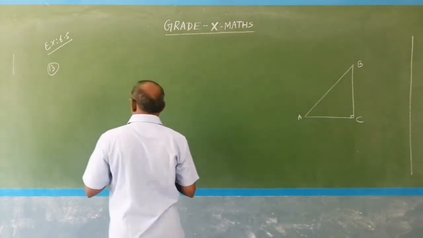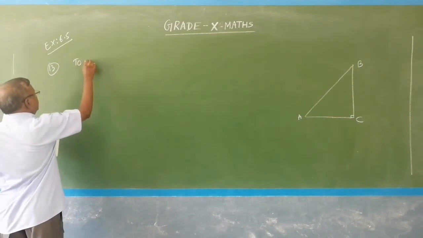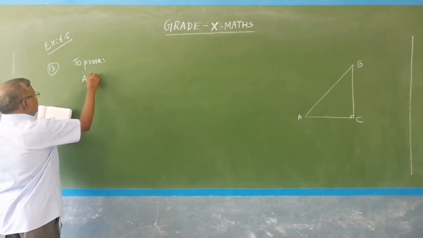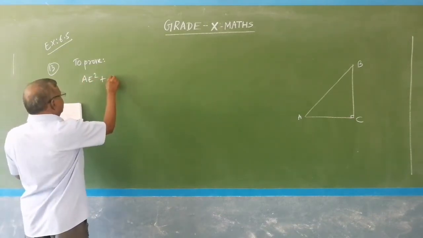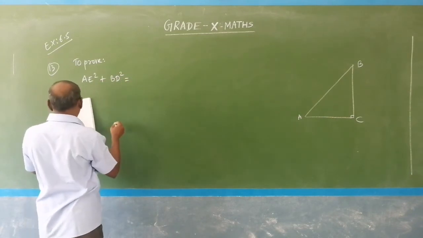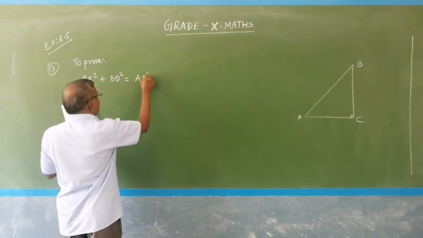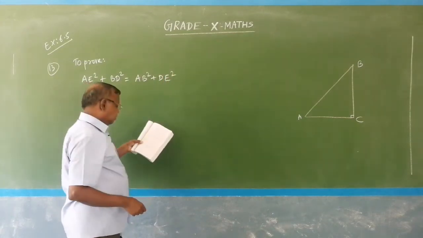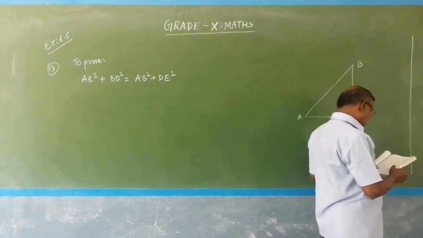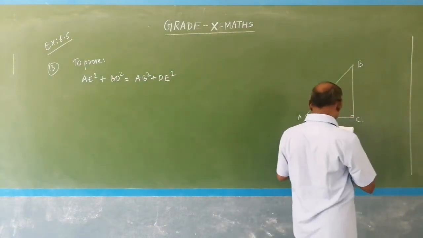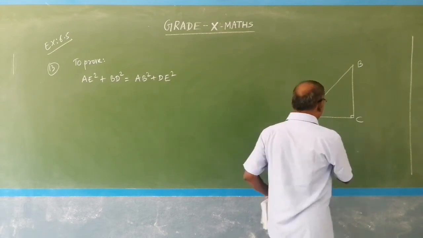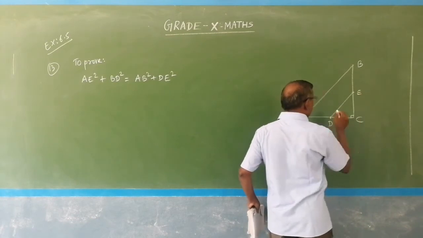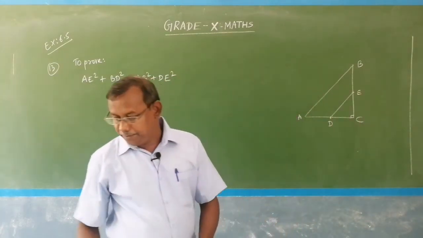Prove that, that is to prove, AE square plus BD square equal to AB square plus DE square. It is given that D and E are points on the sides CA and CB.